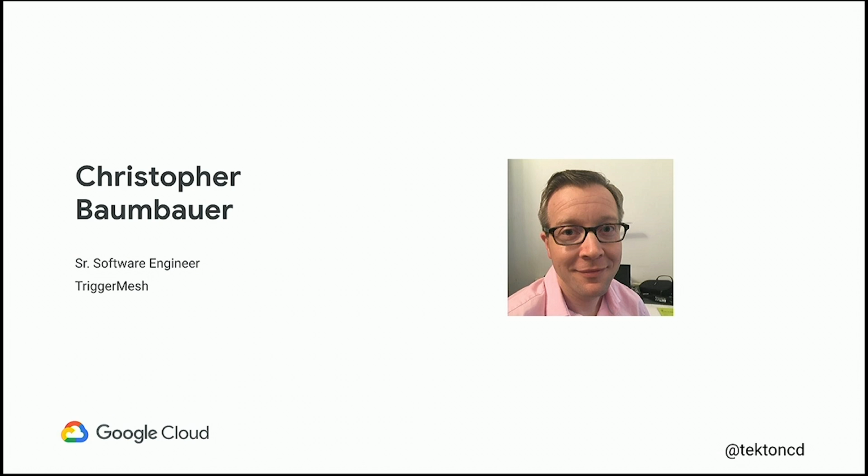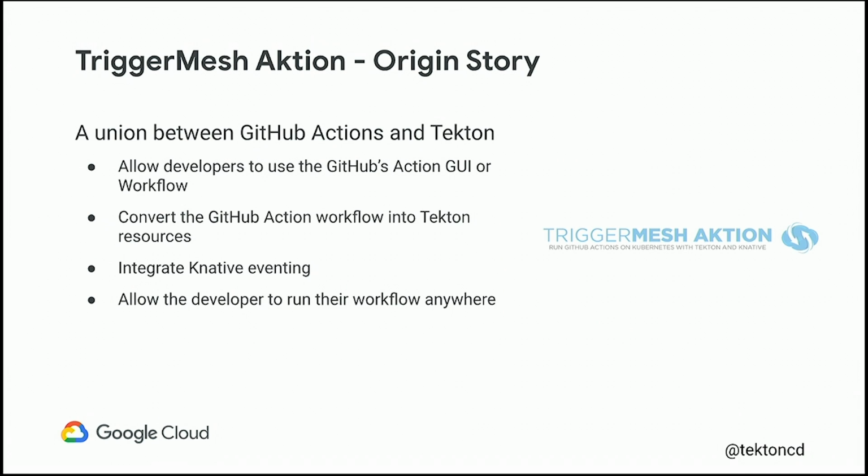So starting off with TriggerMesh's action, this came out as more of a way of tying in the GitHub Actions workflow, once it was announced last October, into creating a way of being able to bind that with the Tecton pipeline approach.